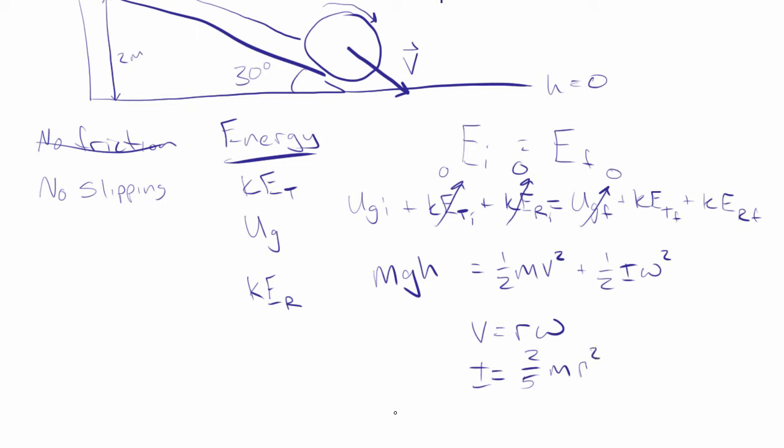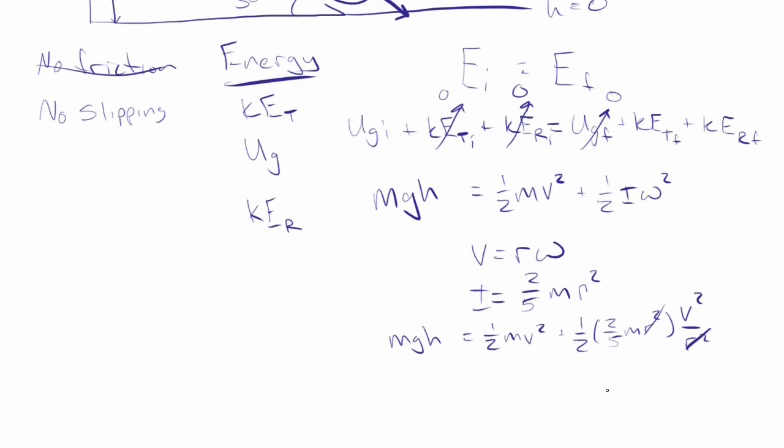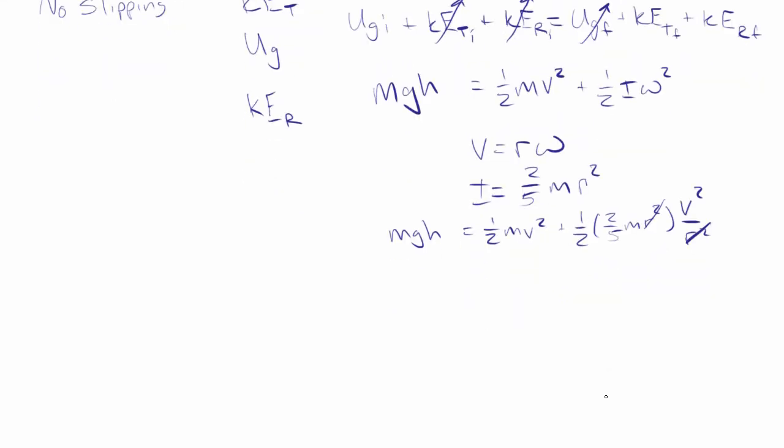And so if we plug those values in, we get mgh is equal to 1/2 mv squared plus 1/2 times 2/5 m r squared times v squared over r squared because of the omega term. And once again, my r's cancel out.